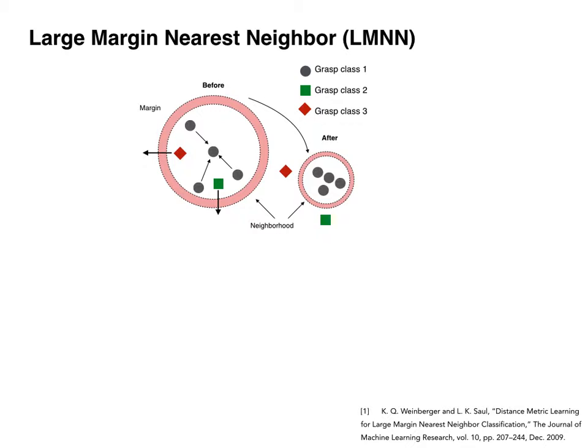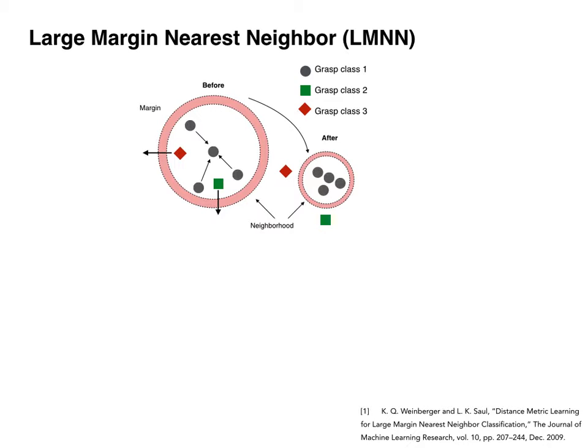For each point in each class, we define a target and its target neighbors. For each of the target's neighbors, we want to define a transform that pushes the target's neighbors towards the center of the target. We also have a set of points that we call imposters. And imposters we want to push outside a perimeter of the target neighborhood.